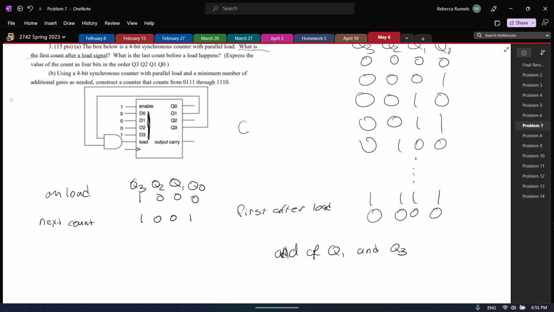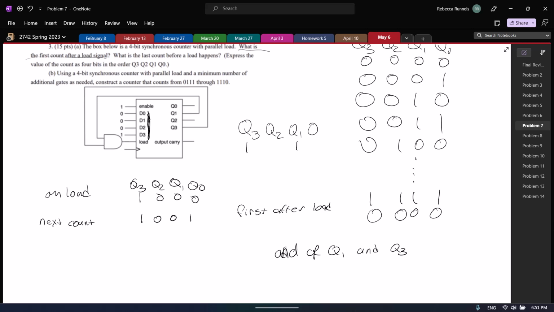So let's look at what that would look like. So Q3, Q2, Q1, Q0. When will the AND of Q1 and Q3 be 1? When they are both 1. So the first time both of these are 1, that would signal a load.